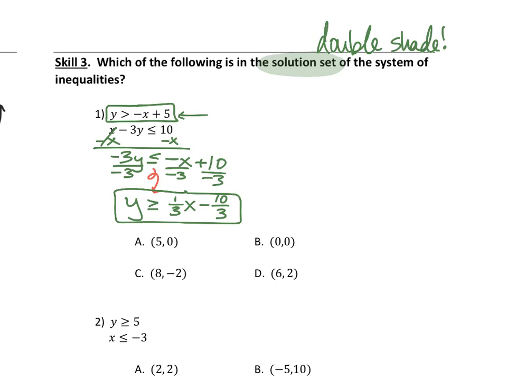Okay, now that you've got it typed in, look back at these equations on your paper. The top one, based on this symbol, dashed or solid? Dashed. It does not have the line underneath it. And since it's greater, is that going to be above or below? Above. Okay, look at the second one.